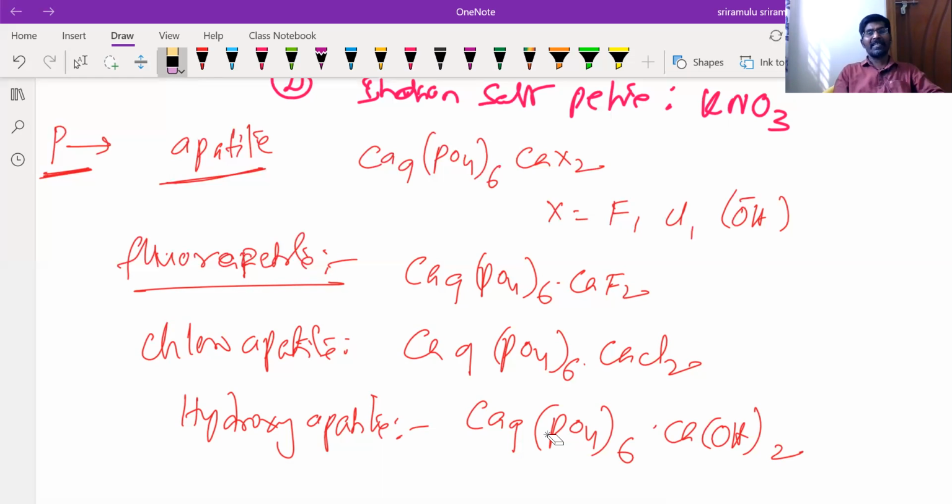The remaining elements, arsenic, antimony, and bismuth, are found in their different mineral compounds. Phosphorus is over now.